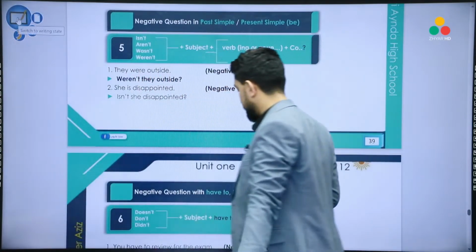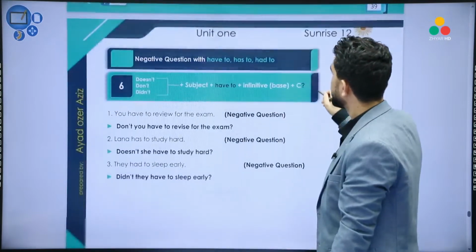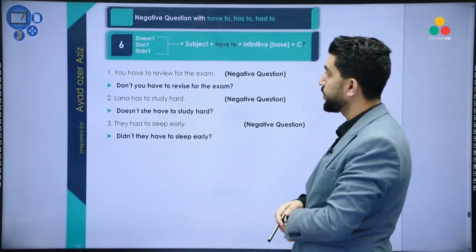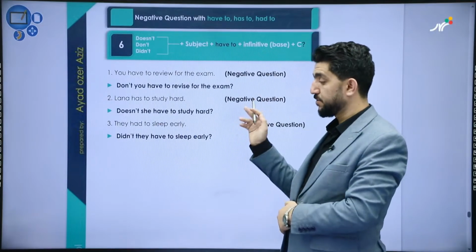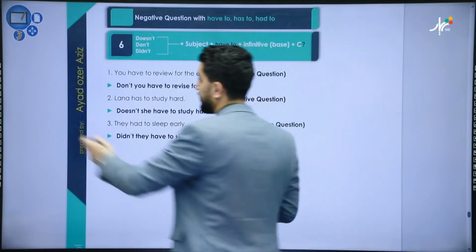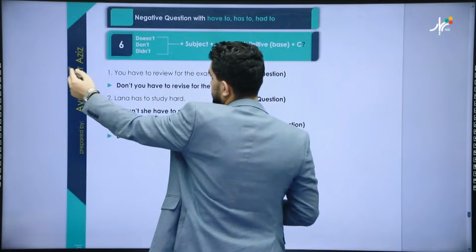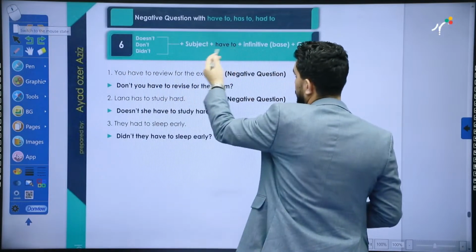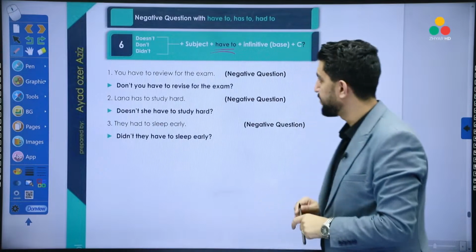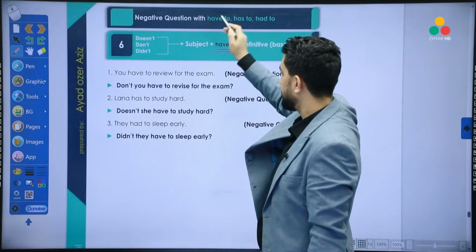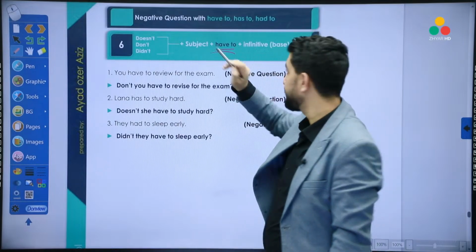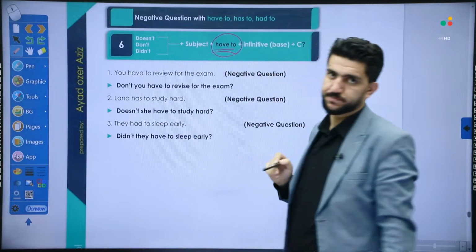What about this one? Here we have has to, have to, had to. How do we use it? Don't forget this. This is very important, and it's a bit tricky. Be careful. If we have has to, had to, all of them, when it comes to negative question, we use have to.